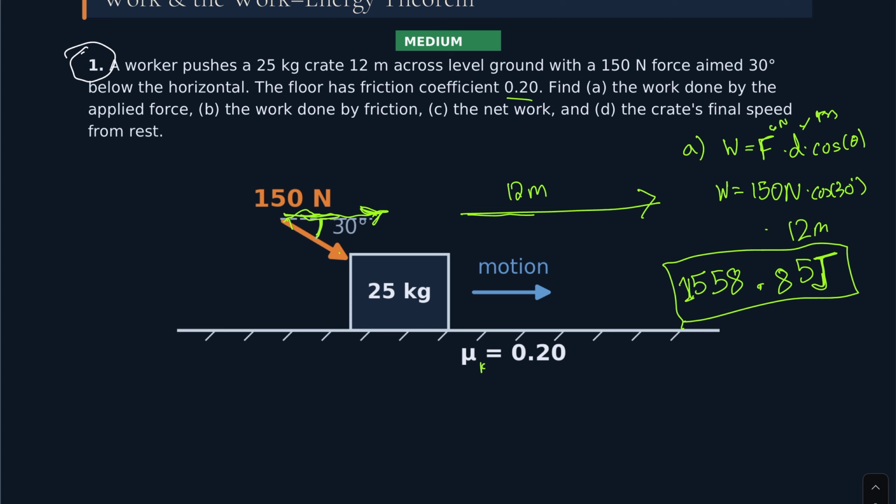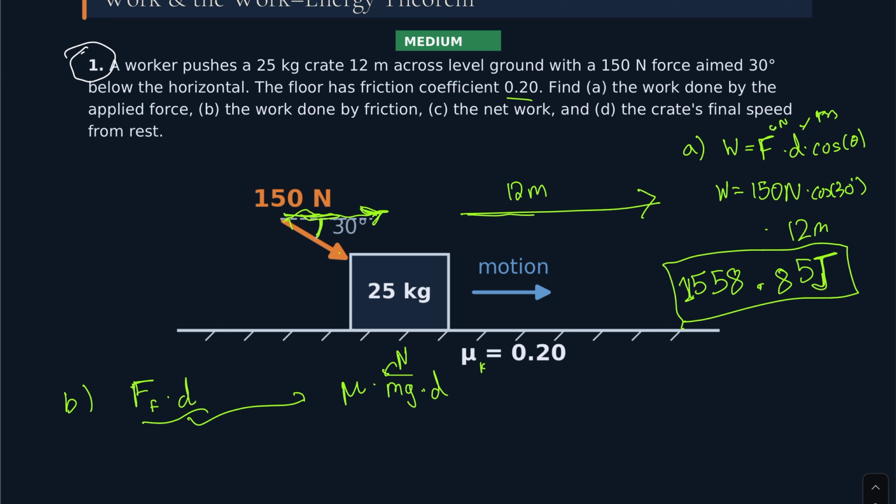What is part B? The work done by friction. So that's force of friction times d, right? Now, very common that you might just put down mu times mg, and then since there's no cosine theta here, it just would be mg, and then times d. But you solve for the normal force, right? Because this is mu times normal.